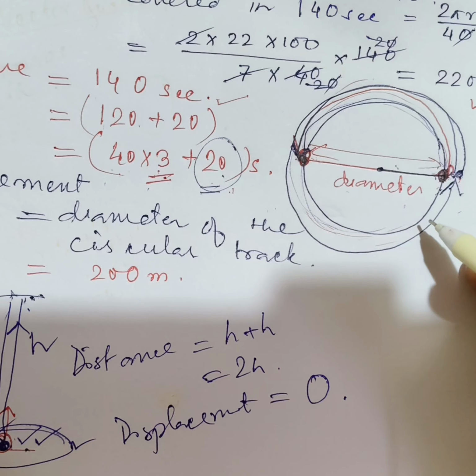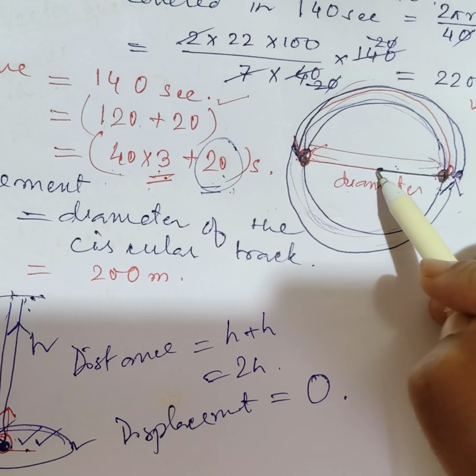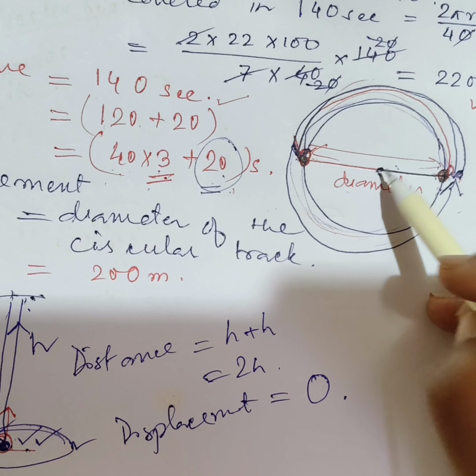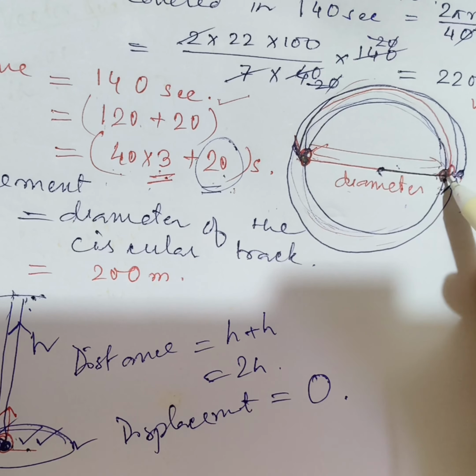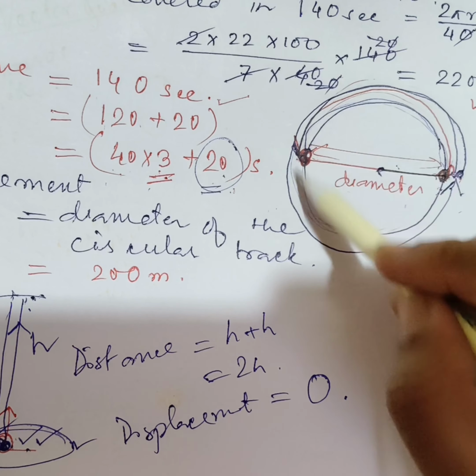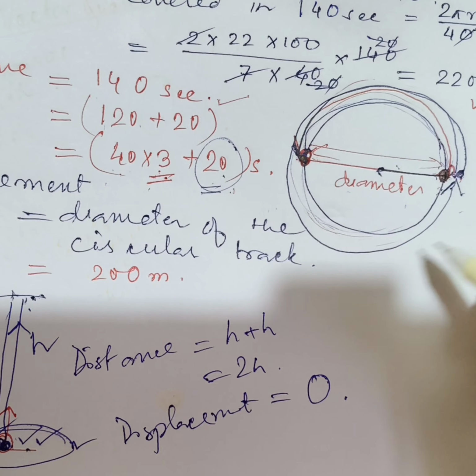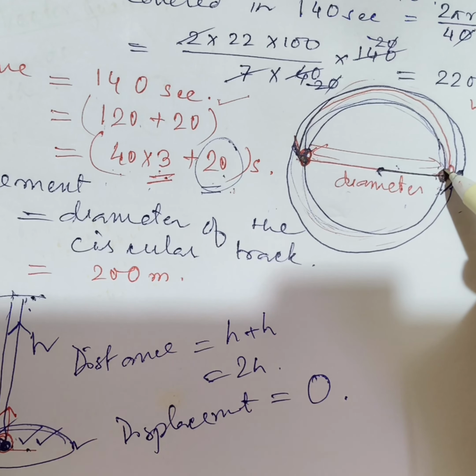This particular question can be made a little bit different if the time is changed. Whenever the time is changed, always try to find out how many times the person moved along the circular track, which took 40 seconds to complete, and then where it ended.